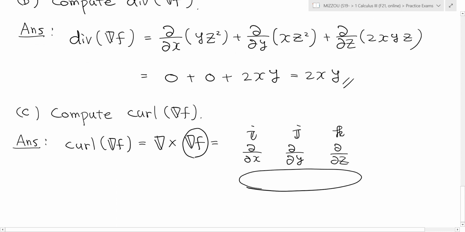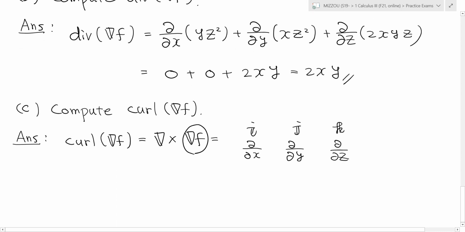If you do it, you get yz squared, xz squared, 2xyz.